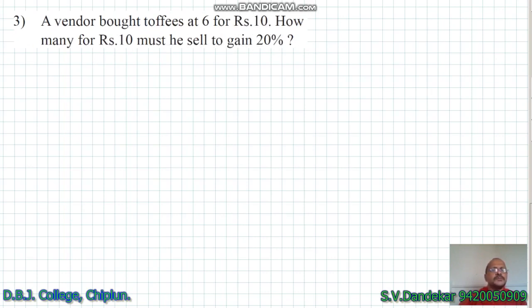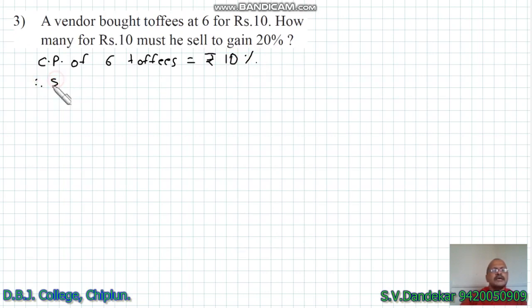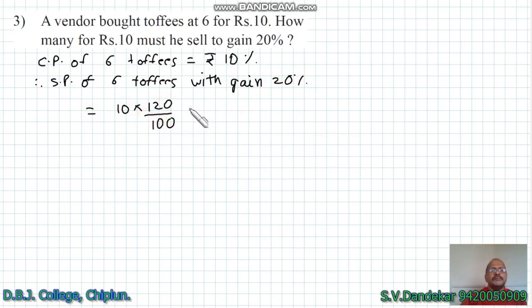Now here cost price of 6 toffees is equal to rupees 10, and therefore SP of 6 toffees with gain 20% is equal to 10 into 120 upon 100, that is equal to rupees 12.